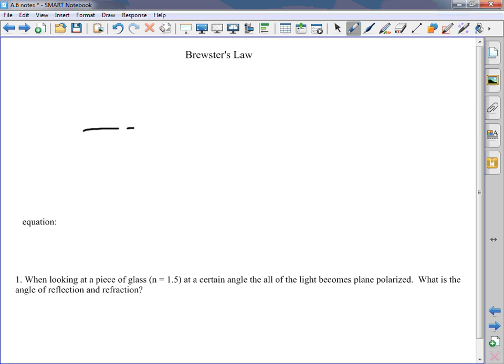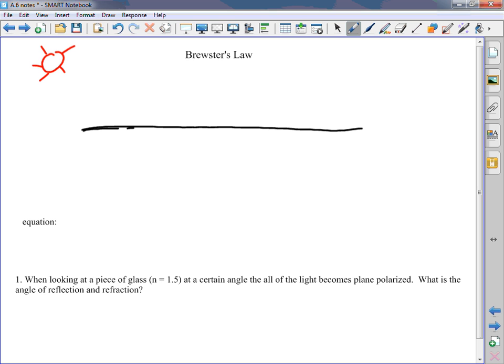I have a surface, and depending upon the refractive indexes of the surface, light comes in. Let's just take water, for example, because you've all seen this before. The sun on the beach is starting to set.